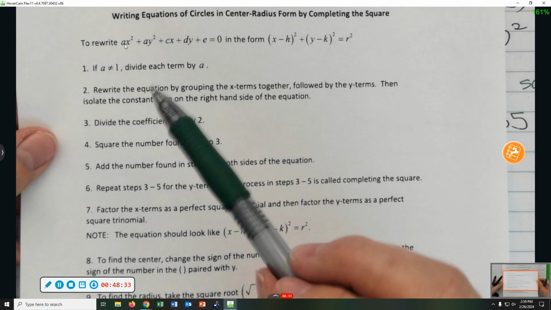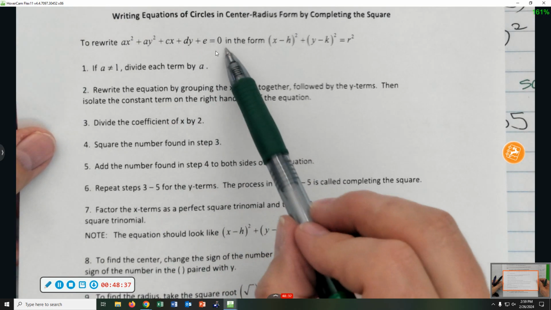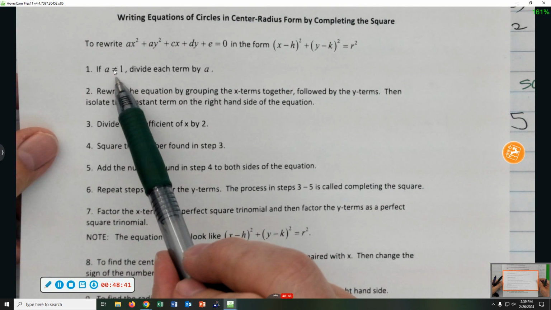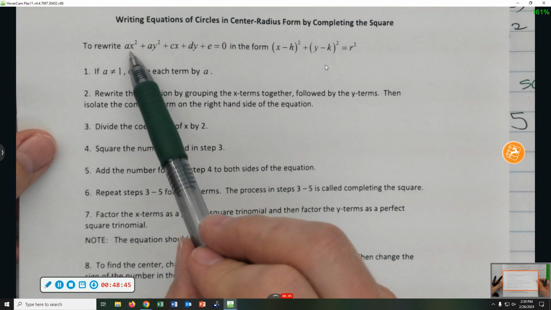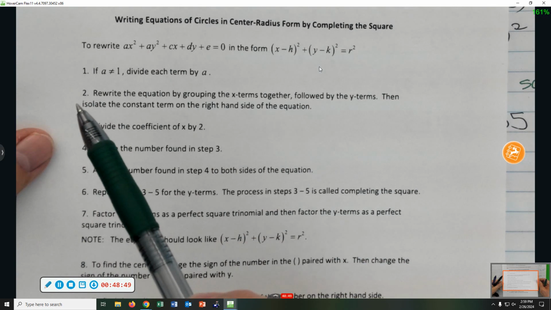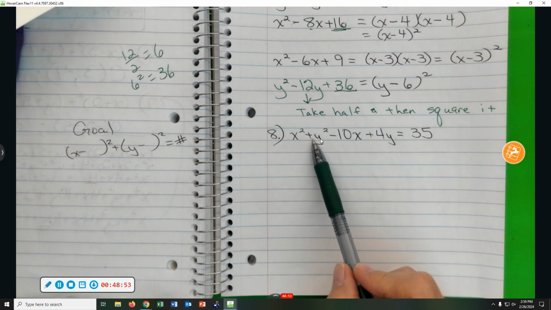To rewrite ax squared plus ay squared plus cx plus dy plus e equals 0 in center radius form: if a doesn't equal 1, divide each term by a. That number in front of x squared and y squared has to just be an assumed 1. And in this case, it is. So we skip the first step.